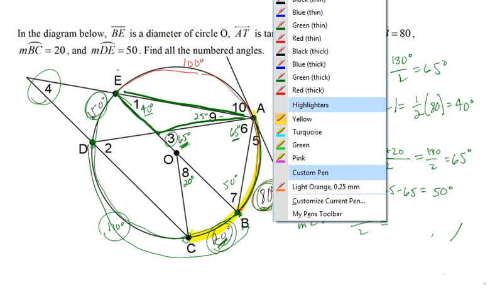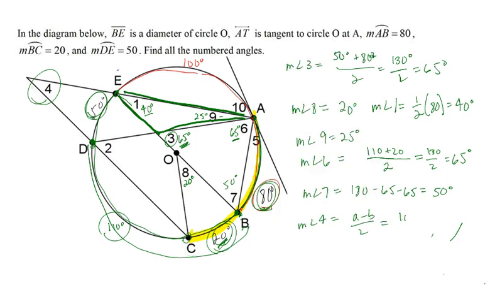So the larger arc is 100 minus the smaller arc that's intercepted, which is 50 degrees. Divide by 2, and that gives us 50 degrees, actually. 50 divided by 2 is 50. Or, excuse me, 25. Sorry about that. Let's label that as 25 degrees.